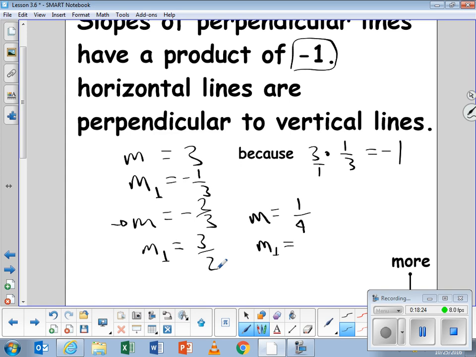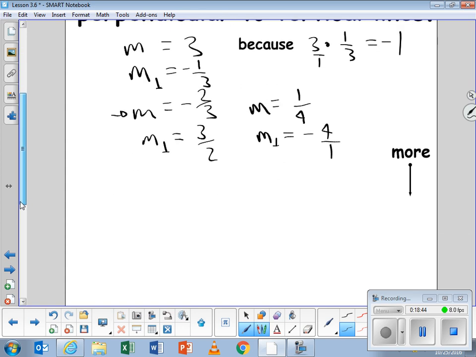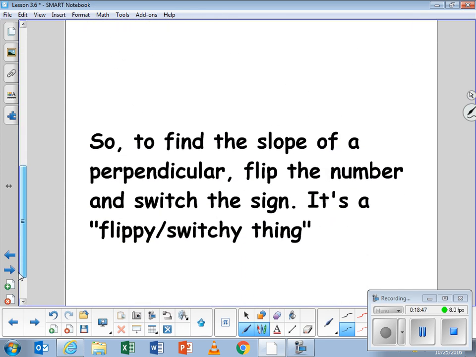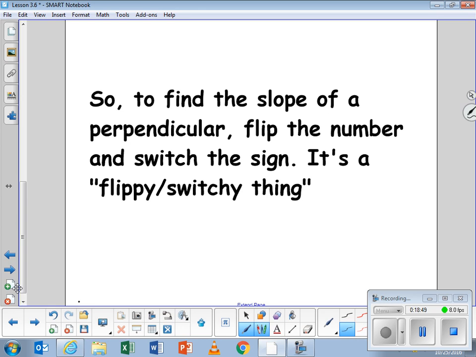If I have a slope of 1/4, what's my perpendicular slope going to be? -4/1. So in other words, what are we doing? We're changing the sign and flipping it over, right? So to find the slope of a perpendicular, flip the number and switch the sign.